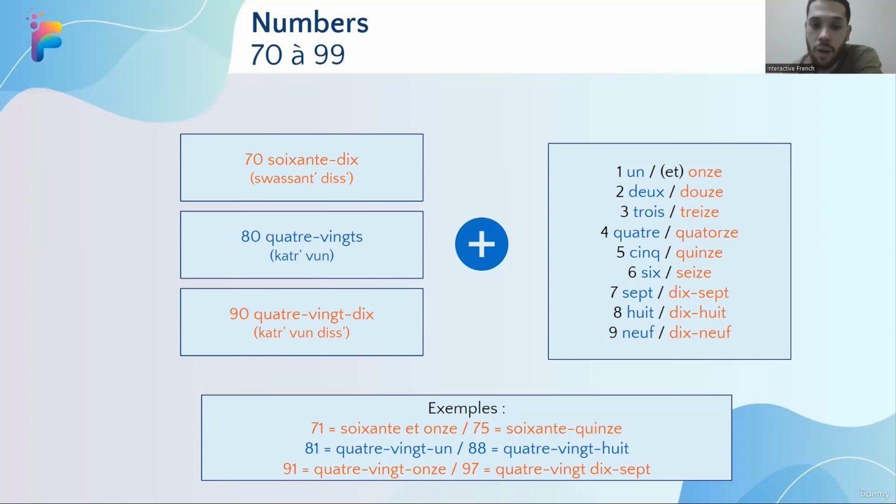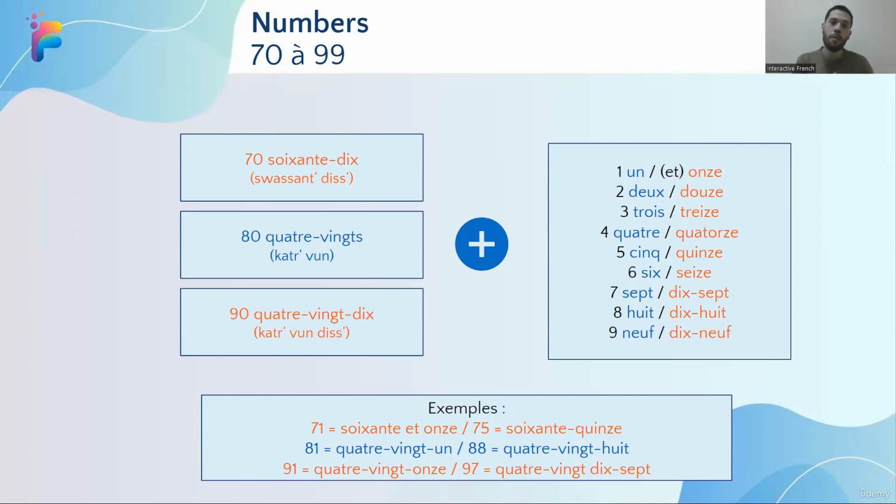And then 90, 91, 92, 93, 94. So you count the same way as you would for 70, except for 91, right? You don't say the et. So that's basically how it works.